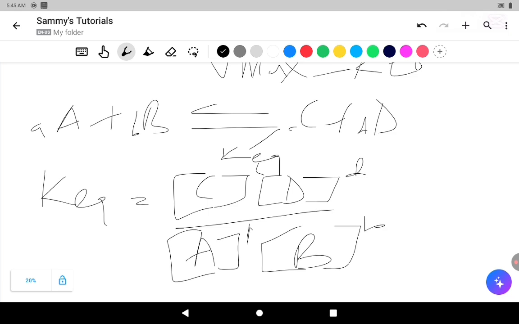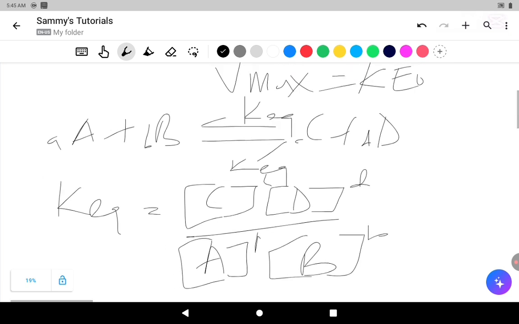But if it is the reverse, that means the dissociation, if it's from here to here, it will be the opposite, the inverse of this. That is, the law will now be 1 over KEQ.